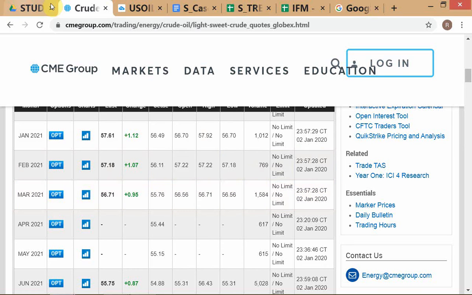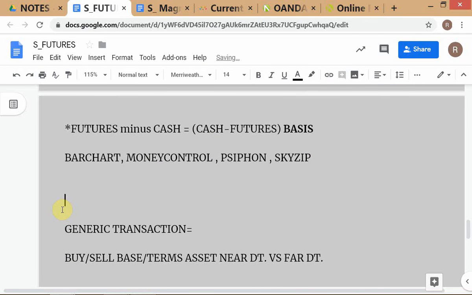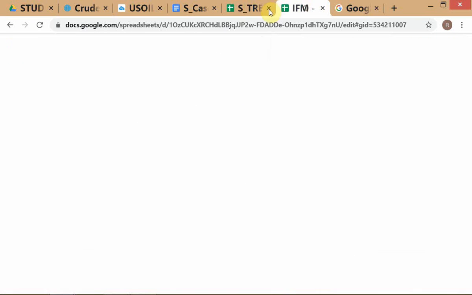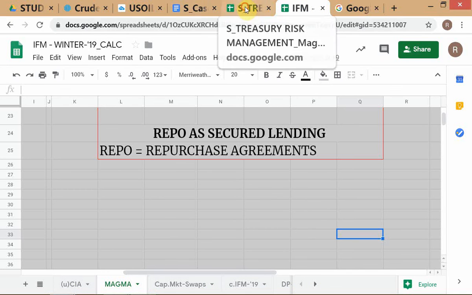The basic structure of this transaction is this. So we are going to write this as futures. We can just borrow it from here. Where did we have that? Okay, it's in this, right?